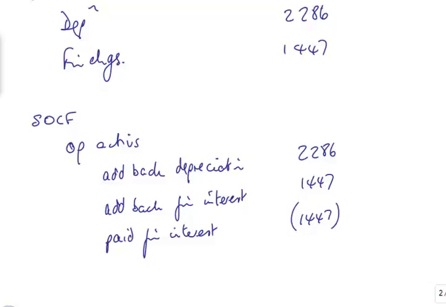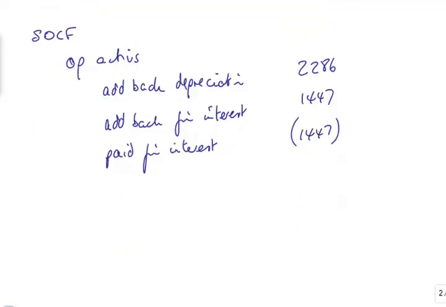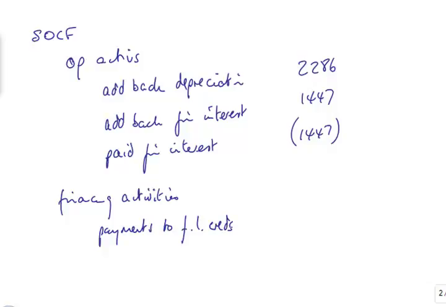And then in financing activities, we're going to have payments to finance lease creditors. And the amount paid is the capital element. There's the interest element being paid. So now we're looking for the capital element, which is paid to finance lease creditors.